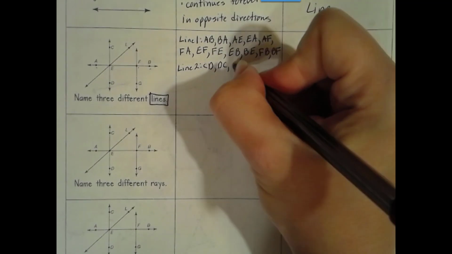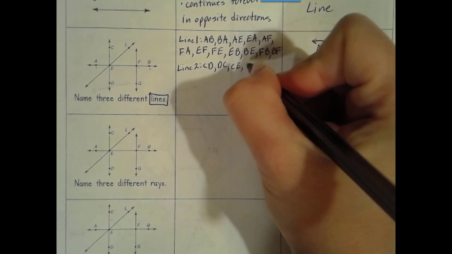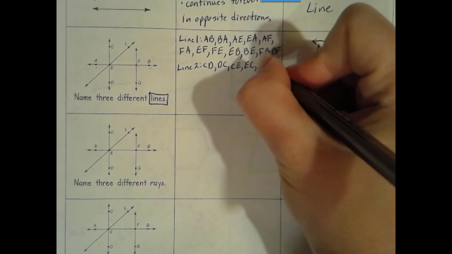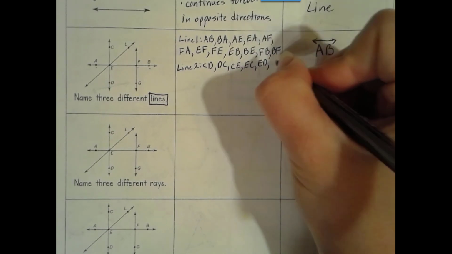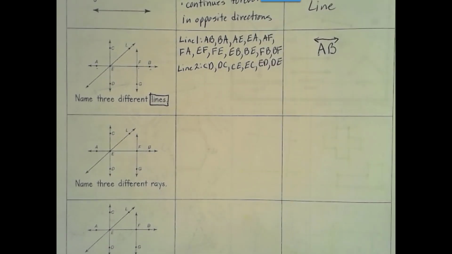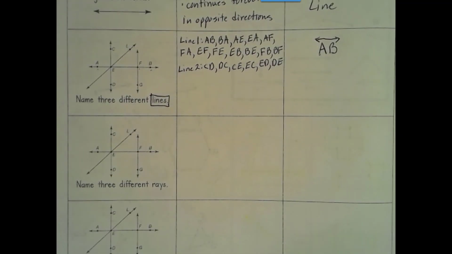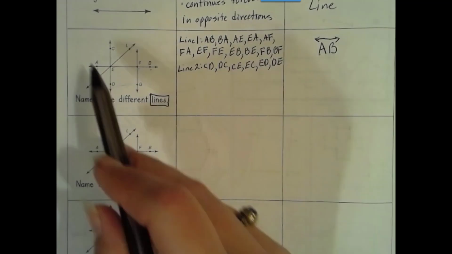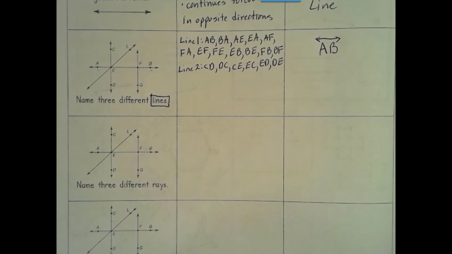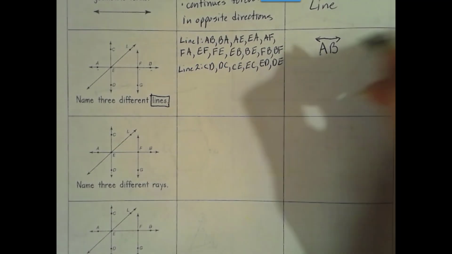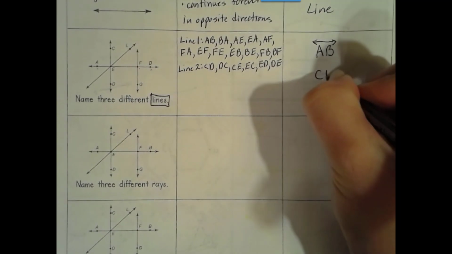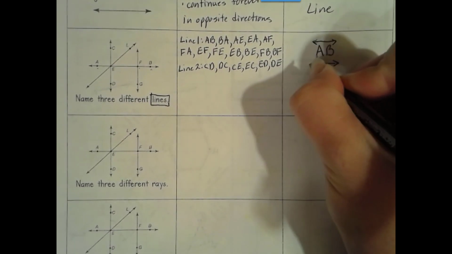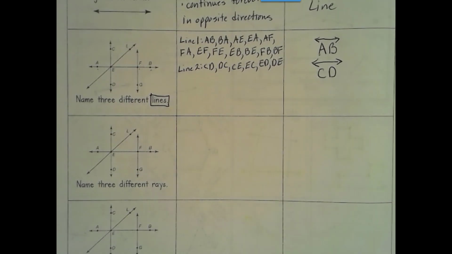We can use CE or EC, and we could use ED or DE. Always capital letters. Not as many options as here because we had only 3 points on that line. But still, we just need to pick one of them. I'll pick the first one. And then we put the line on top to show that it's line CD.